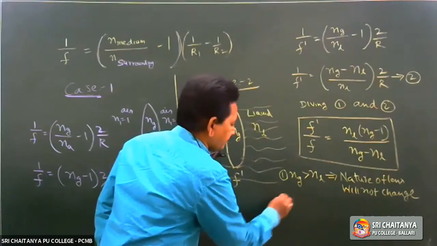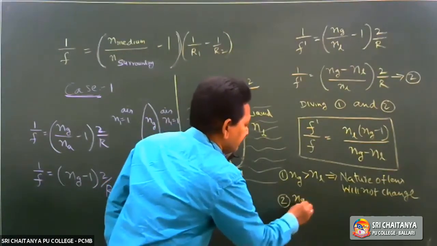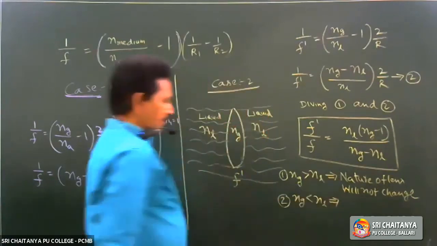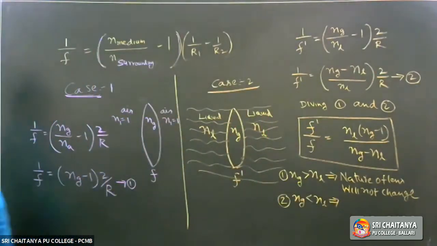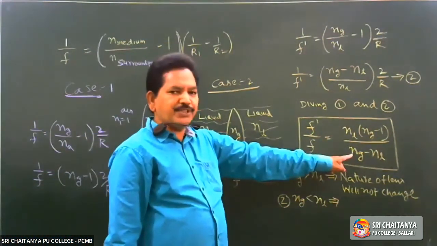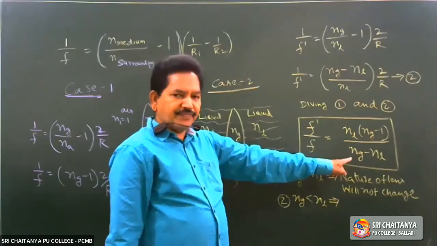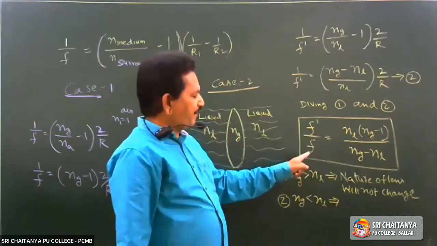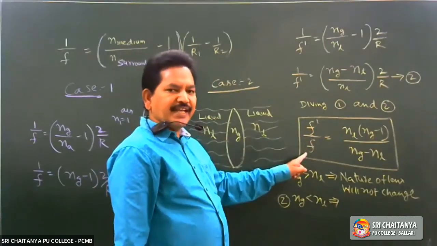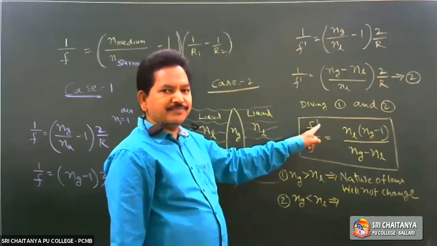Suppose Ng is less than Nl. Then this becomes negative. If F is positive, F dash is negative. If F is negative, F dash is positive.